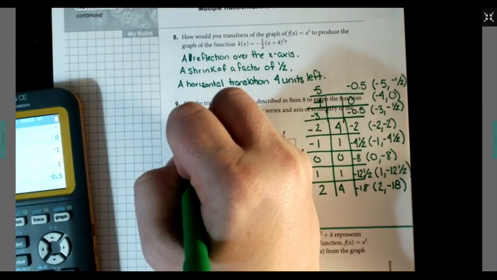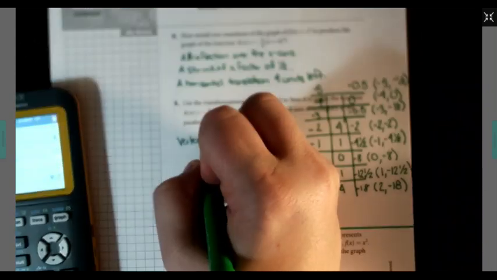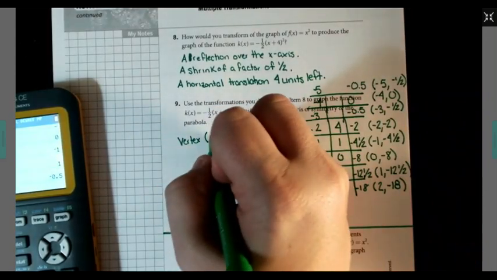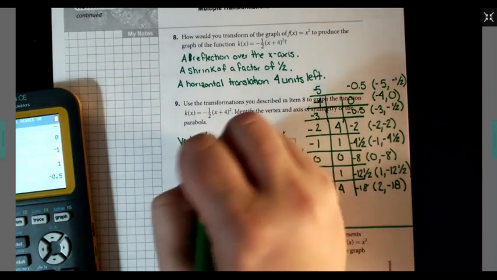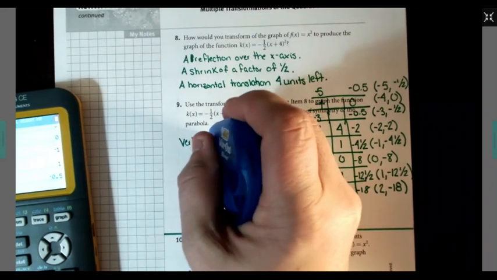So where is my vertex? The vertex is at the ordered pair, sorry, not 0 comma. Negative 4 comma, that's what I meant to say.